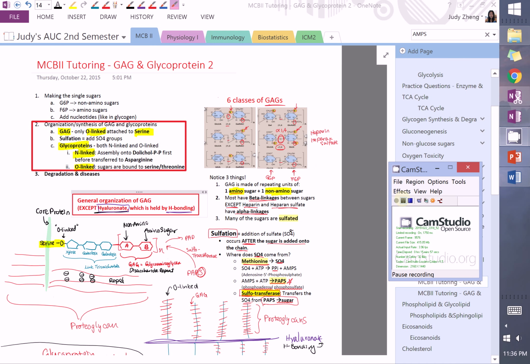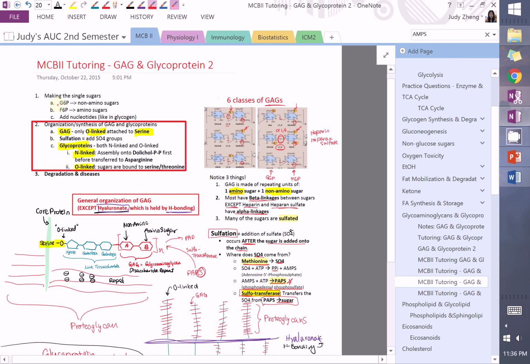Okay, so let's recap the important things that I want you to take away from this. The pathways for making the sugars stem from two places in glycolysis.